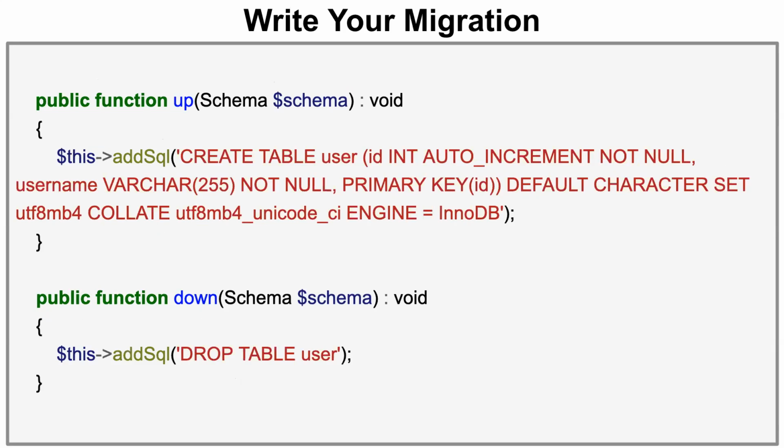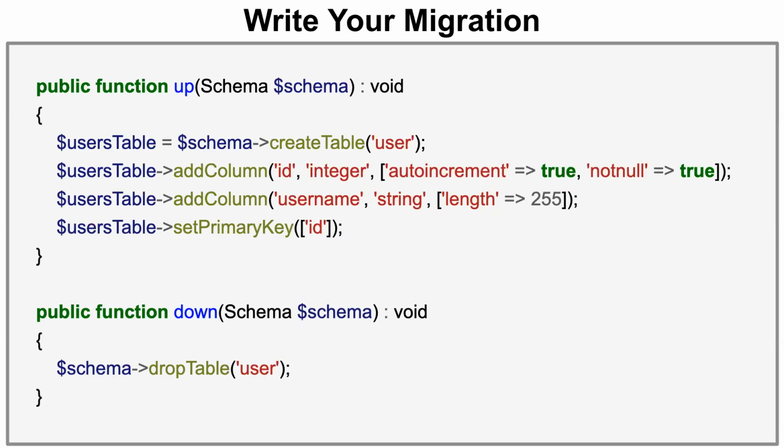And I like to do this because it makes it much clearer and easier for other developers to look at the migration and review it and understand exactly what SQL is going to be executed no matter which environment the migration gets run on. So it's just a little bit safer, it's easier to review, and it gives you a little bit more peace of mind to know exactly what SQL is going to be executed instead of relying on this abstraction.